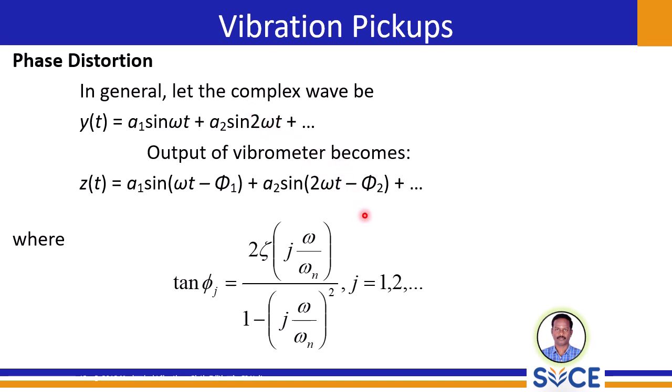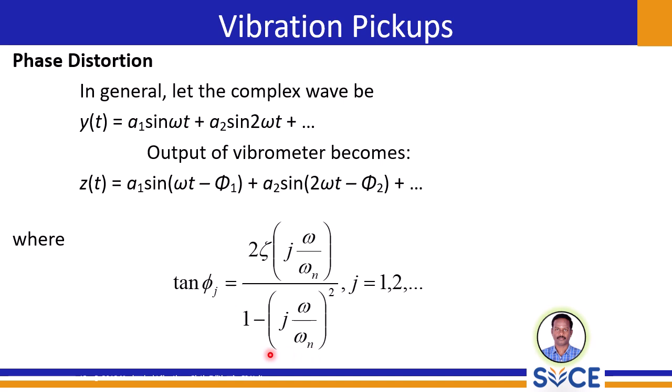Notice each component with frequency omega has been shifted by a phase angle phi, so omega 1 means phi 1. The crucial point here is how these individual phase shifts, phi j, are determined by the properties of the measuring instrument. For a typical second order system like a seismic instrument, which many vibration pickups are, the tangent of the phase angle for the jth harmonic component with frequency omega j is given by this formula.